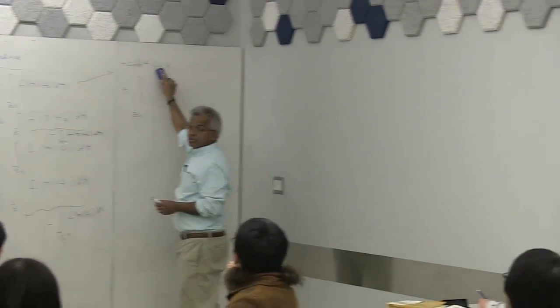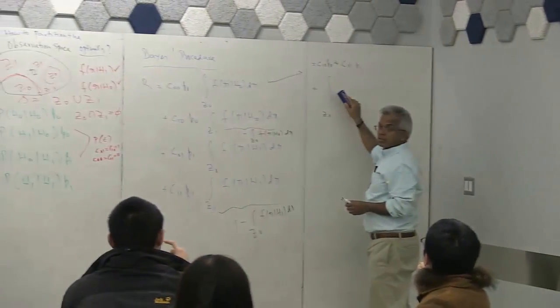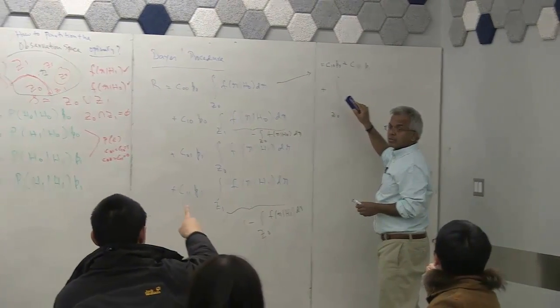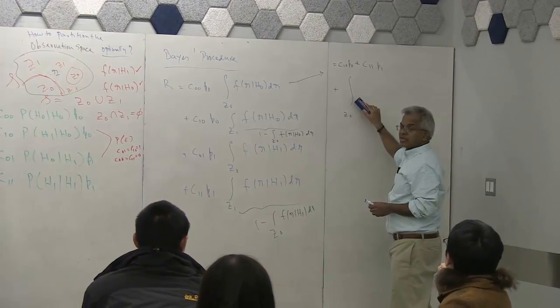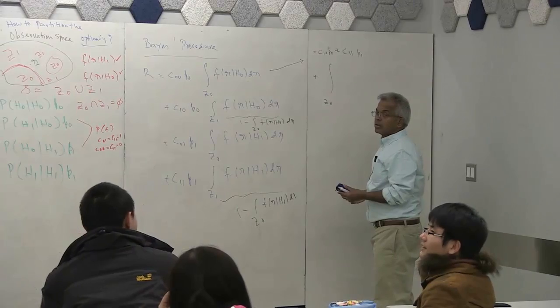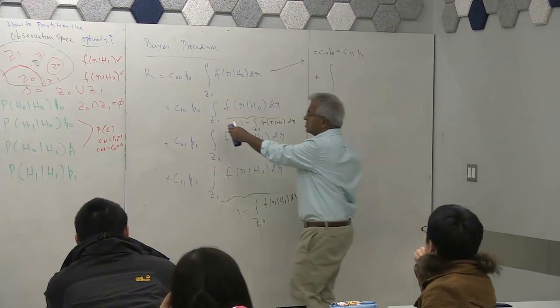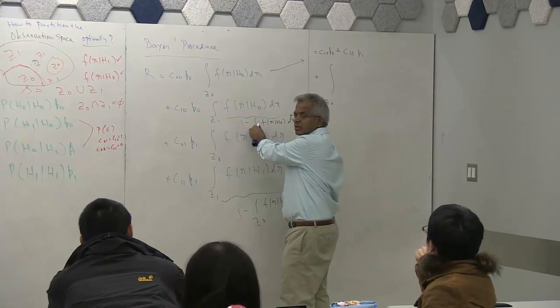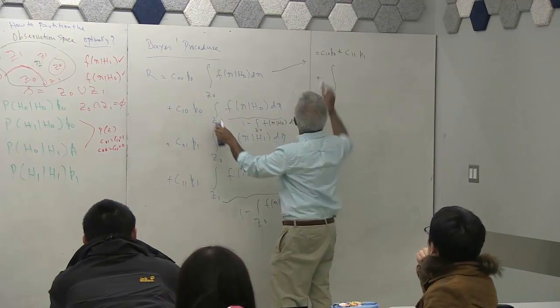You're talking about here? Inside the integral? Tell me again, this is correct, right? Yeah, that's correct. Right, so this is C10 P0.